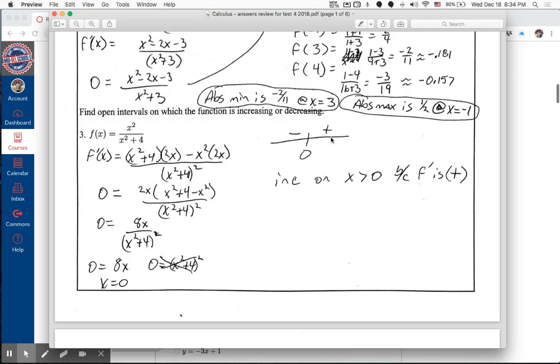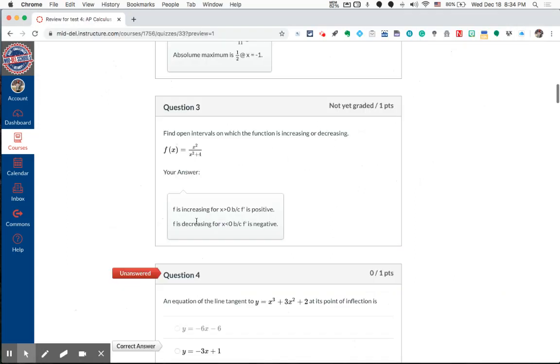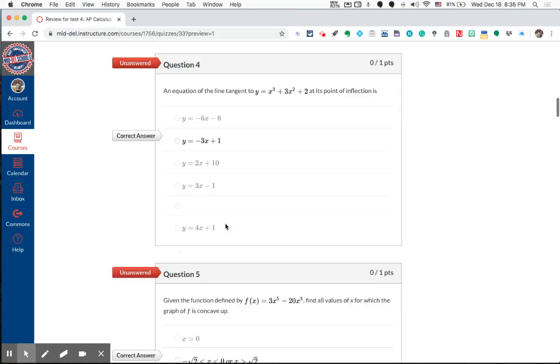So we're going to be decreasing on the left, we're going to be increasing on the right. So increasing when x is greater than 0 because f prime is positive, decreasing when x is less than 0 because f prime is negative. I think I saw some of you put 0 to infinity right here for this, which is fine, and negative infinity to 0 right there, which is fine as well.